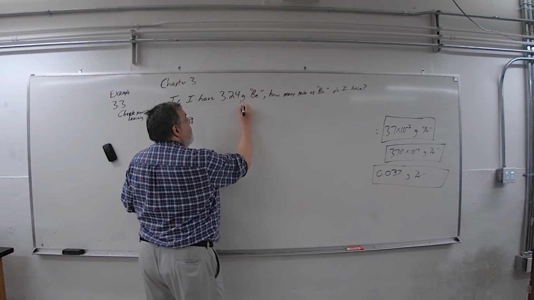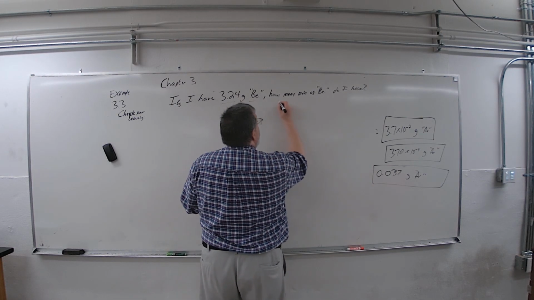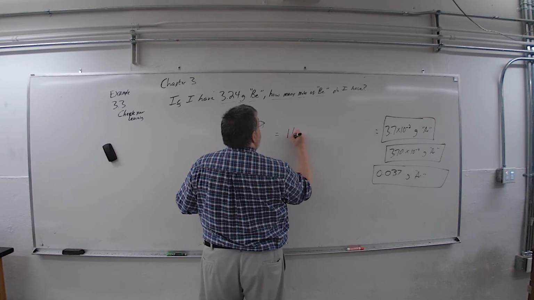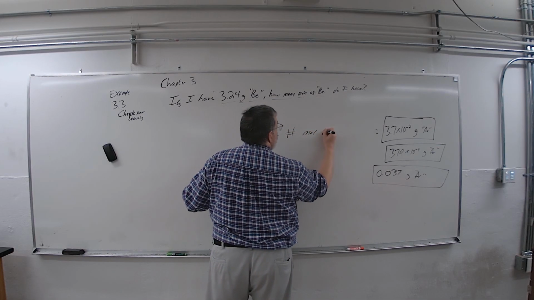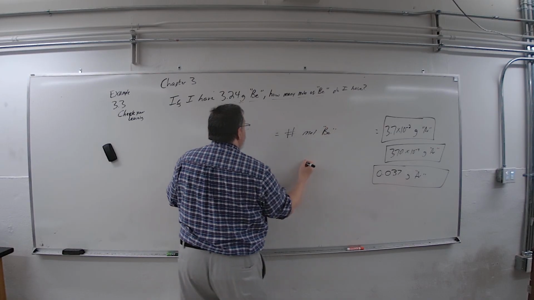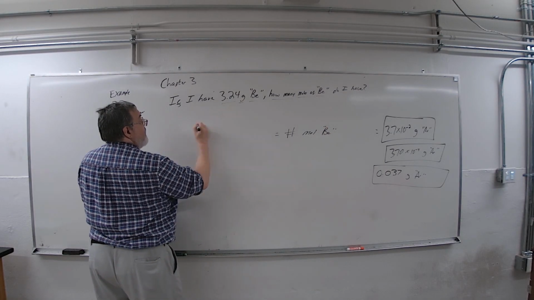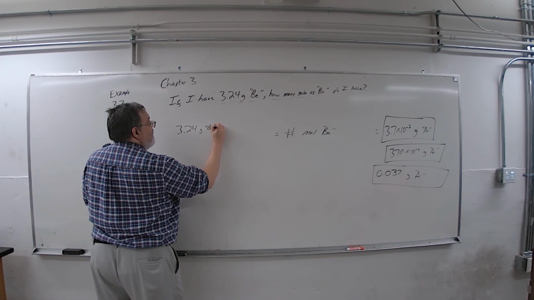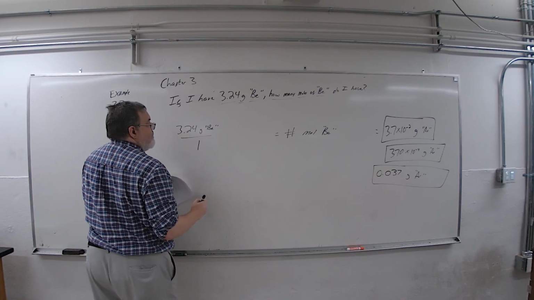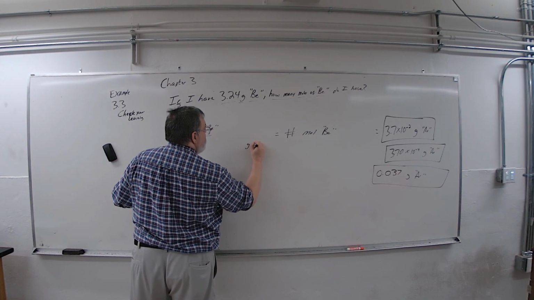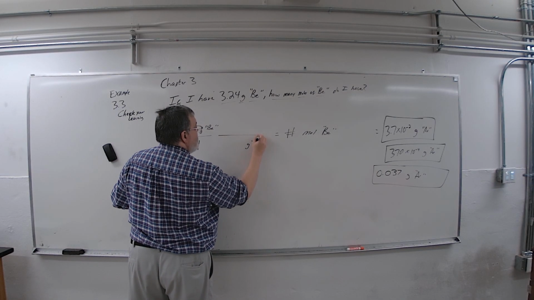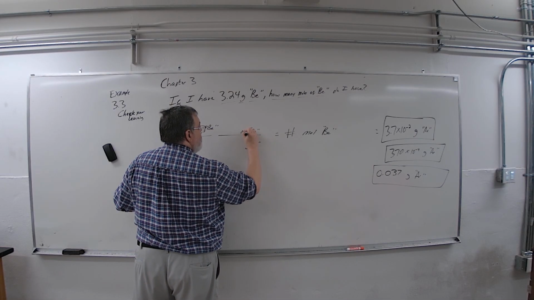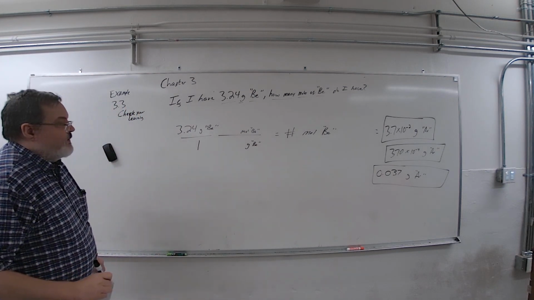Numerical value, unit, label equals some number of moles of Be. I'm going to come over here and put the grams of Be. And I know I'm going to need grams of Be on the bottom so it cancels out, and I need moles of Be on top so it will survive.